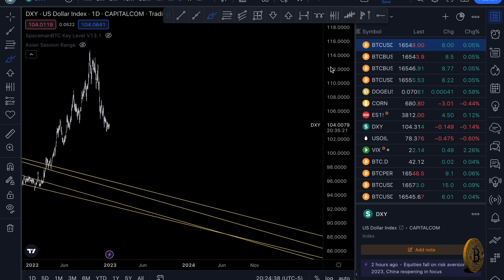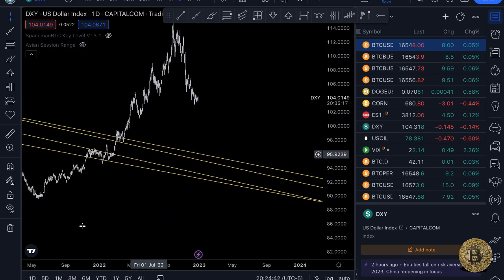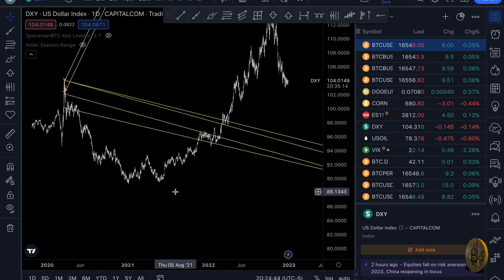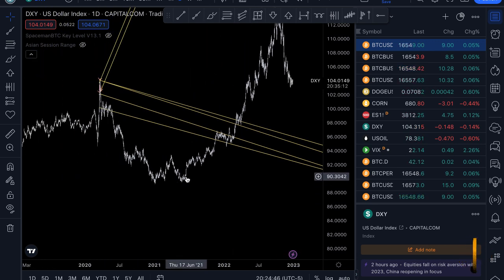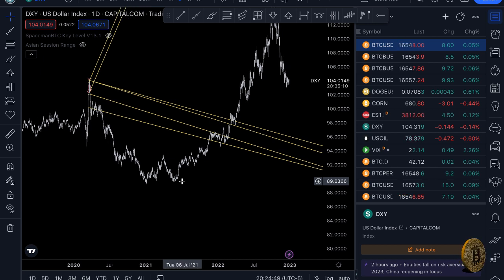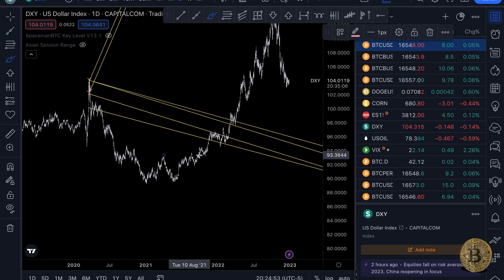And what will really be easier to see is how this is shaping up on a lower time frame. Let's go back to 2021. You can see here we broke structure to the upside right here.